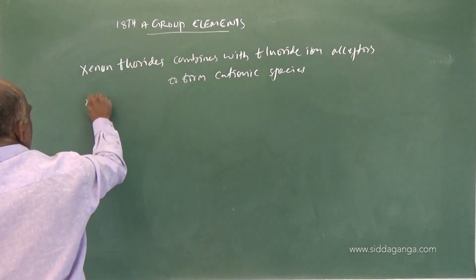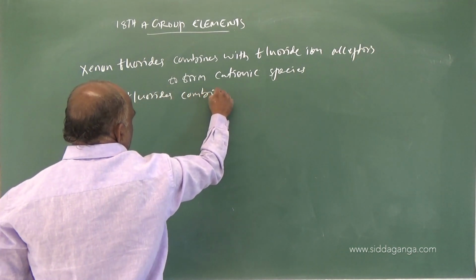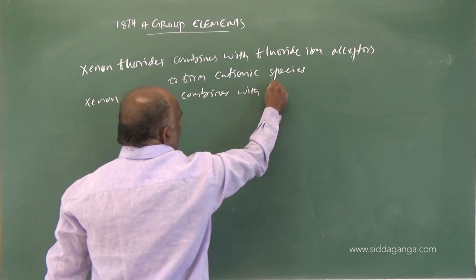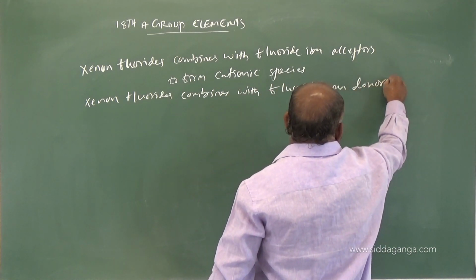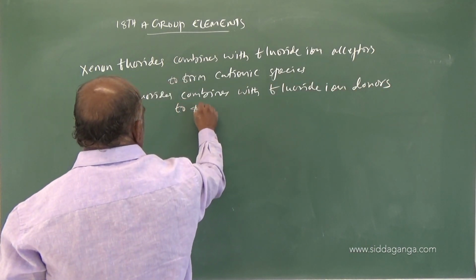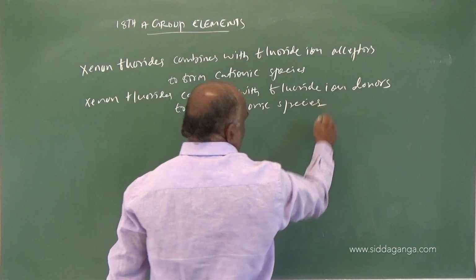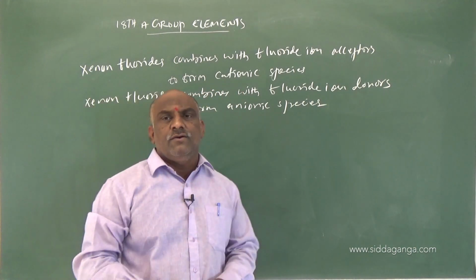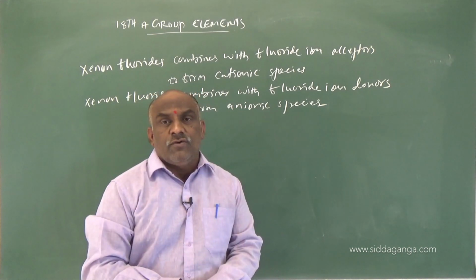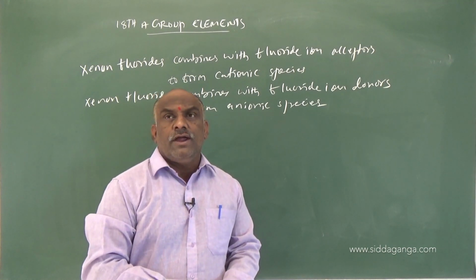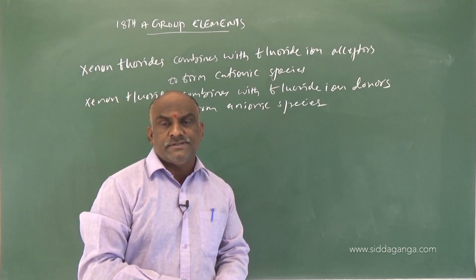The same xenon fluorides combine with fluoride ion donors to form anionic species. These are the examples regarding fluorinating agents. So xenon fluorides react with fluoride ion acceptors to form cationic species, or fluoride ion donors to form anionic species. What will be the reactions?